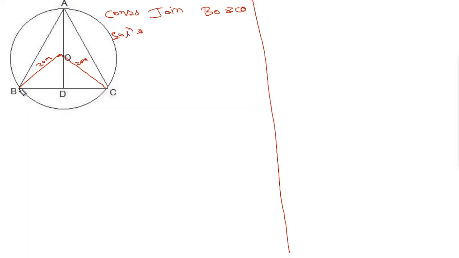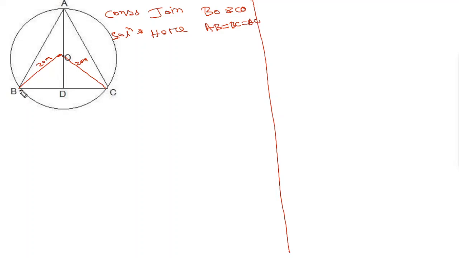Now triangle ABC is an equilateral triangle. Here AB equal to BC equal to AC.